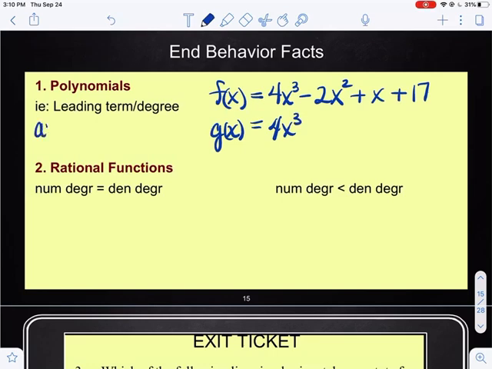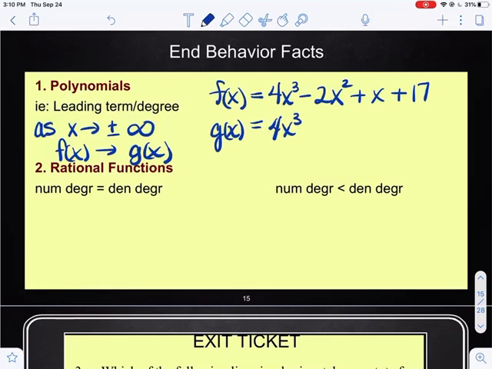As x goes to plus or minus infinity, these two things, f of x is just going to go to g of x. In other words, there's going to be very, very little difference after some time.